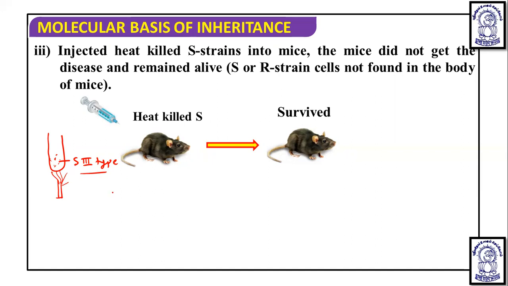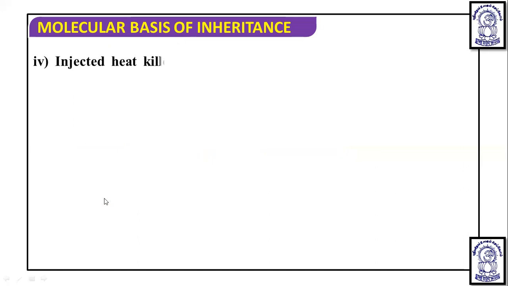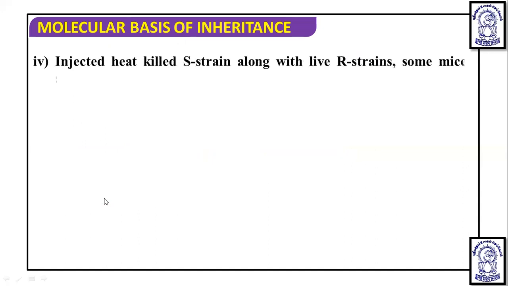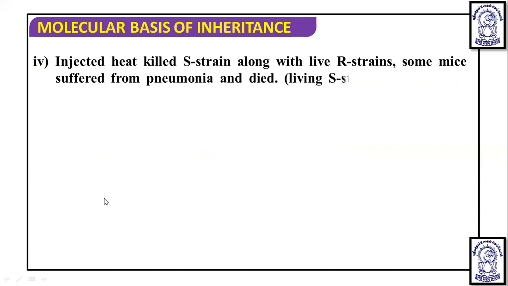So this S3 type bacteria is going to be known as heat killed. Then injected, heat-killed S strain is not able to cause disease, and R strain is also not going to cause disease because both are non-virulent.